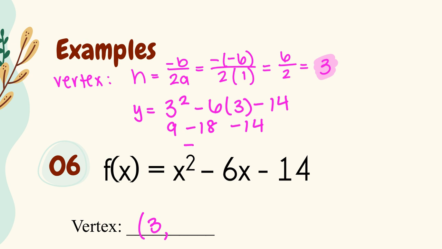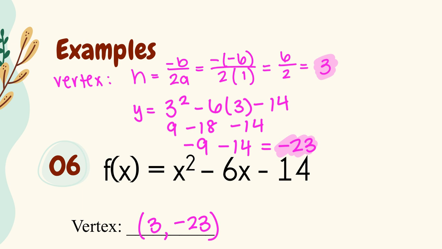I'm then going to get -9 minus 14, and that's going to give me a -23. So right now I have my vertex, 3, -23. Again, it's not hard. It's basic math, which we can solve, but you have to remember the steps.